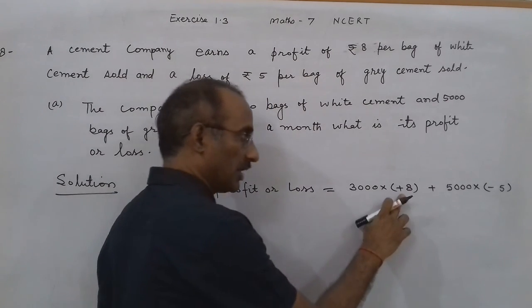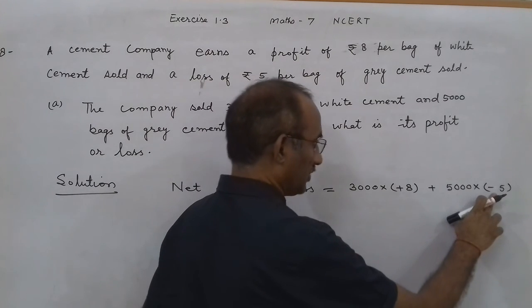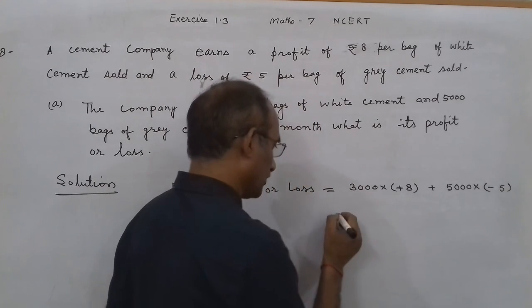So profit is denoted by plus sign and the loss is denoted by minus sign.